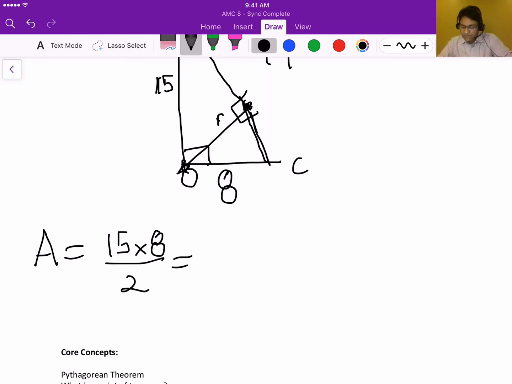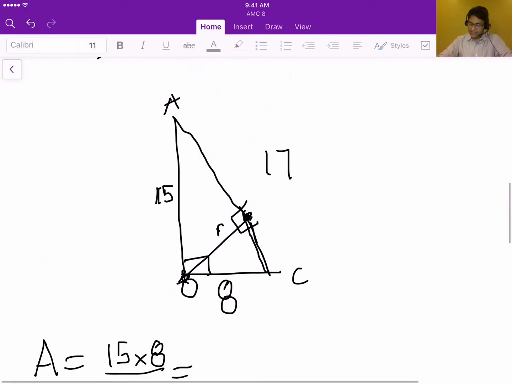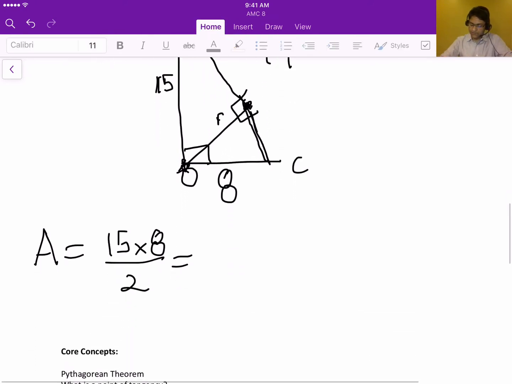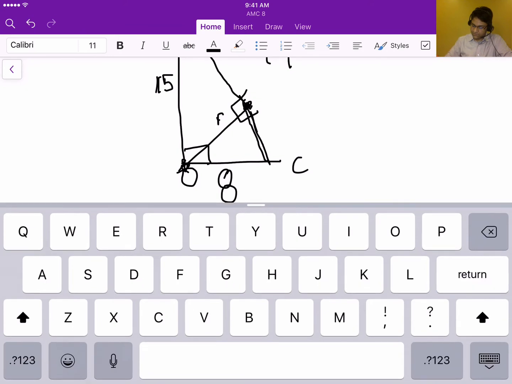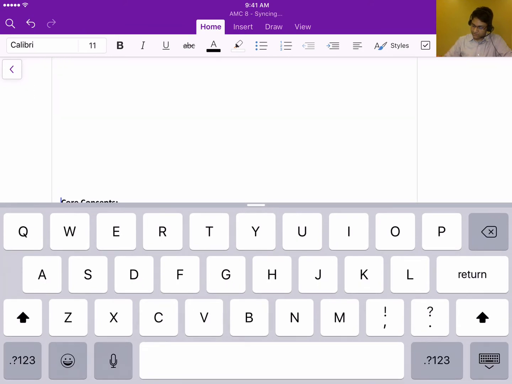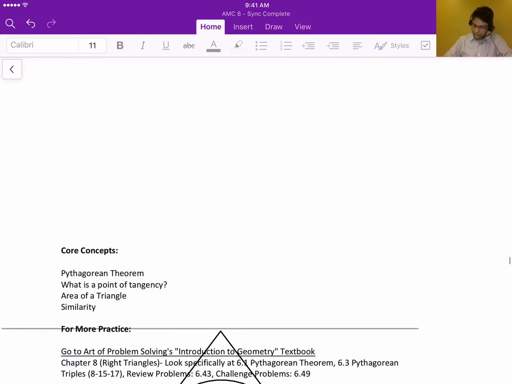Now, what happens if we rotate this triangle? I'm going to give some more space for us here, so we can redraw this triangle.